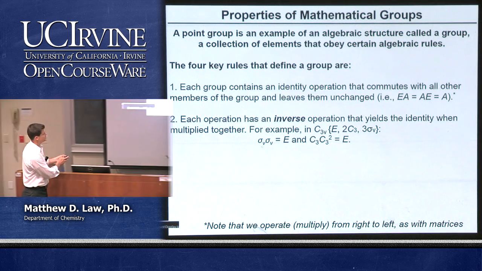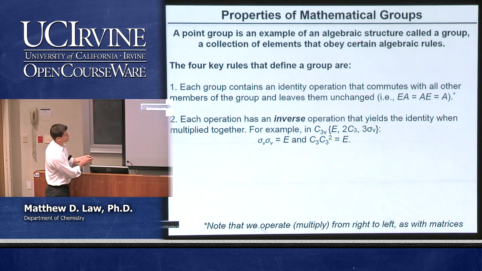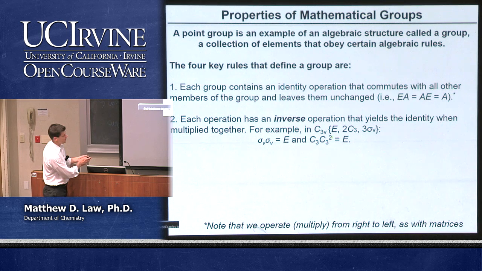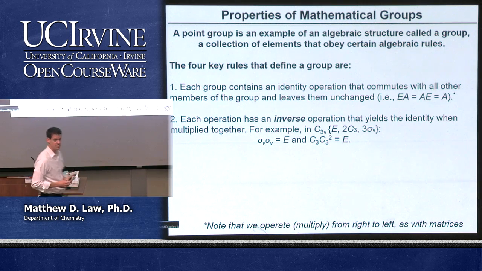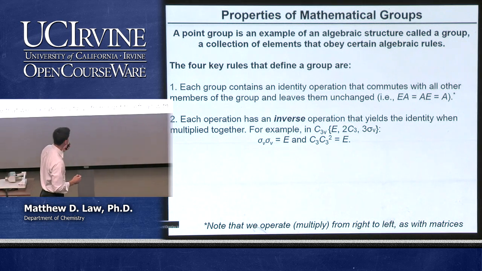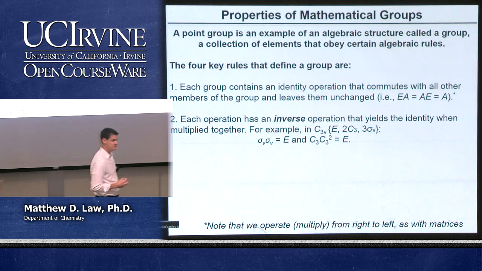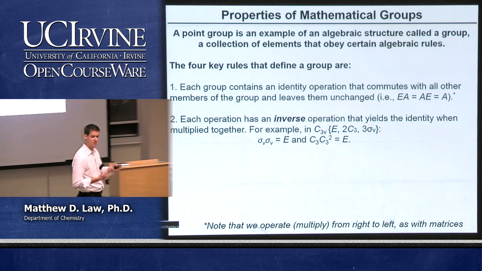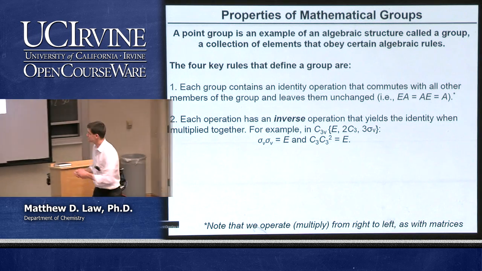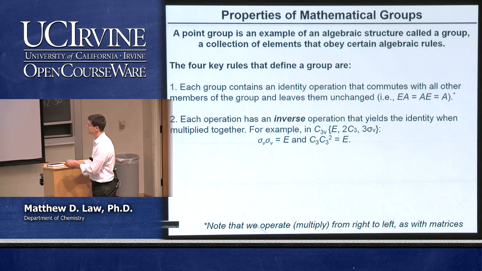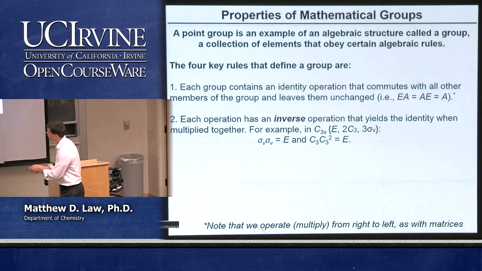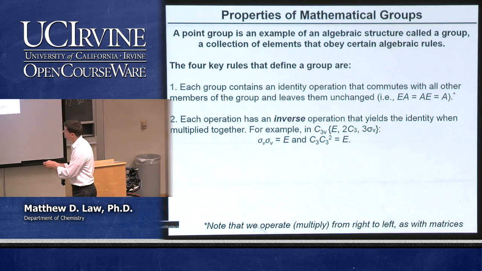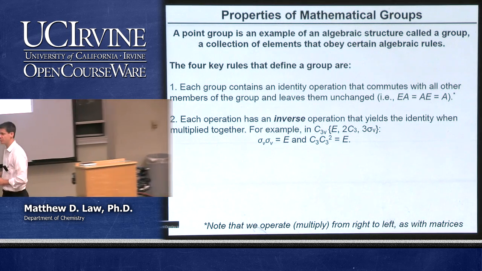The inverse of the C3 squared operation, 2 120-degree rotations, is just the C3 operation, which is also in this set. We do a 360-degree rotation and we get identity. So we would say that the inverse of the C3 squared is the C3. And all of these inverses have to be in this set of objects in our point group.